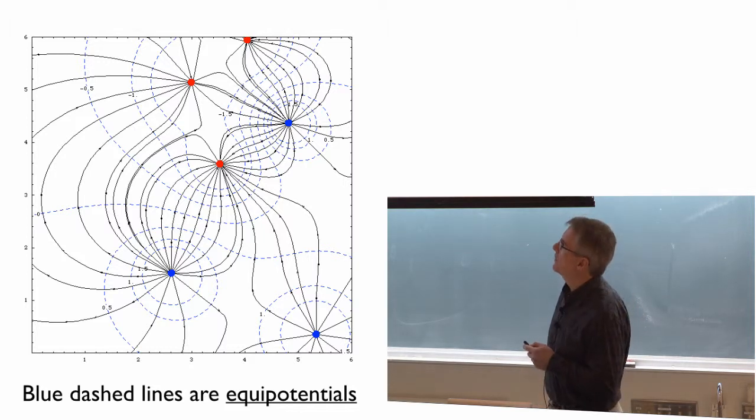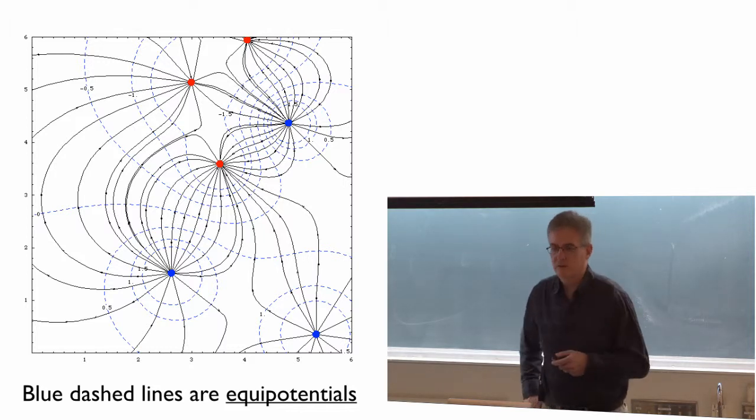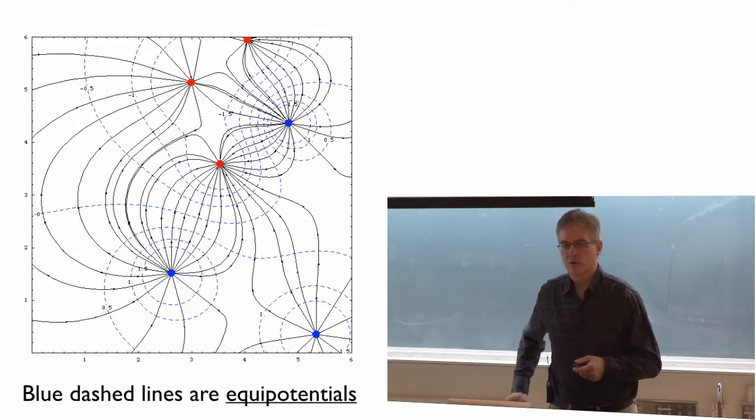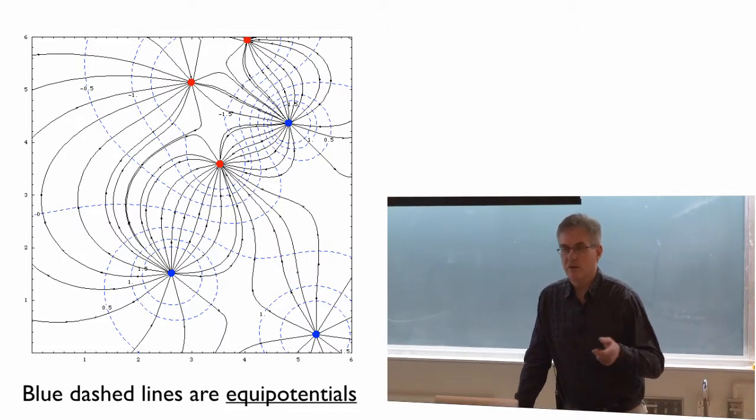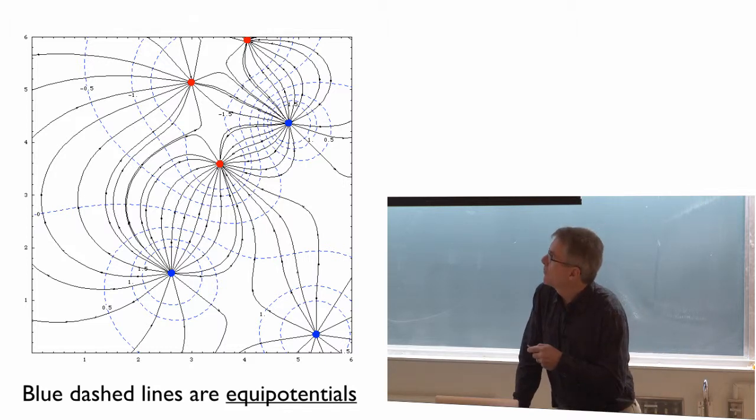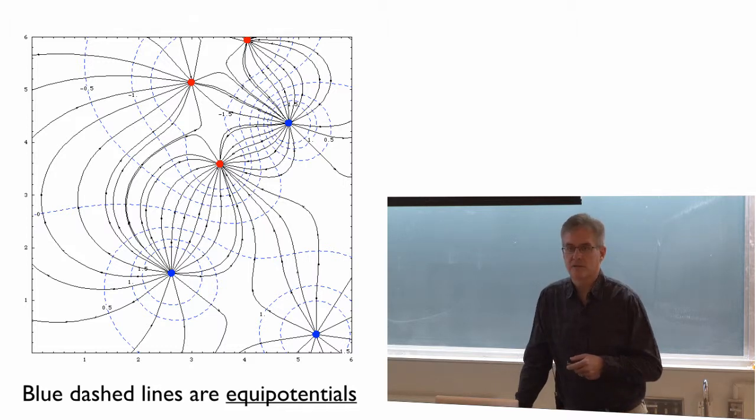It's always 90 degrees, right? Everywhere that you see it. So that's one of the rules. When you draw equipotential lines, they're perpendicular to the electric field lines. And vice versa, if we gave you a bunch of equipotential lines, you should be able to draw the electric field lines, by going perpendicularly through the equipotential lines from positive to negative charges.